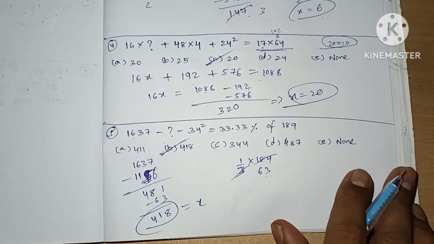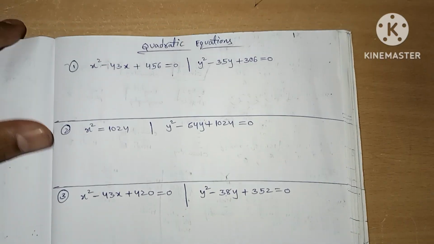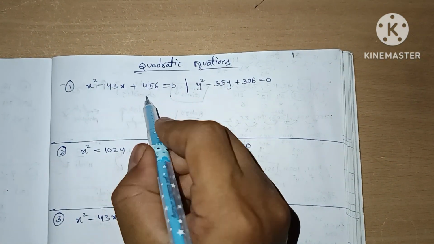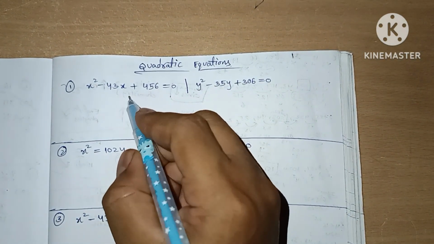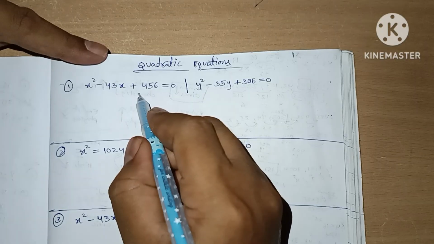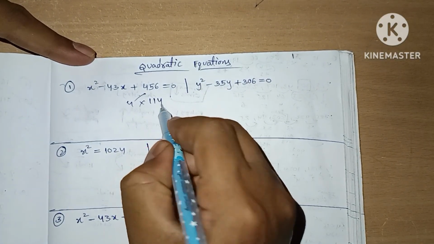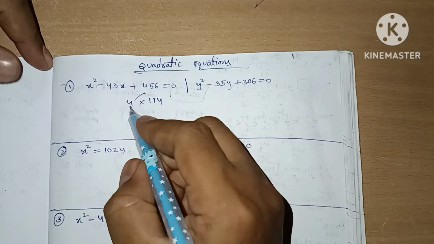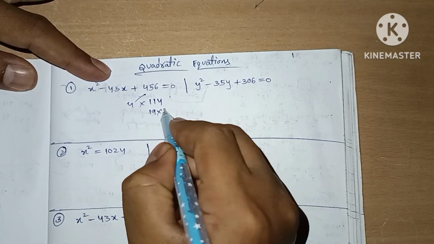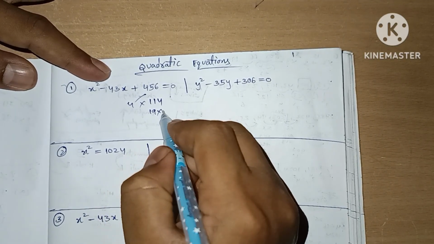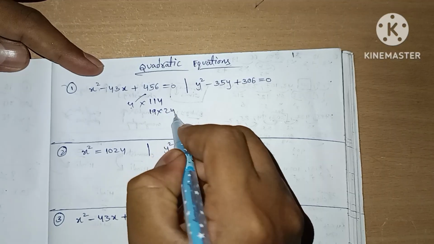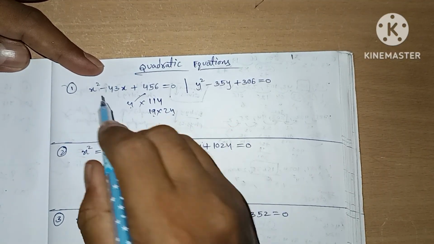Now we are going to see quadratic equations. First question. Here I see 456. Let's divide this with 4, 1 times, 1 times and 4 times. I know 114 as 19 6 times. So 6 4 times will be 24. 19 and 24 we get 43.